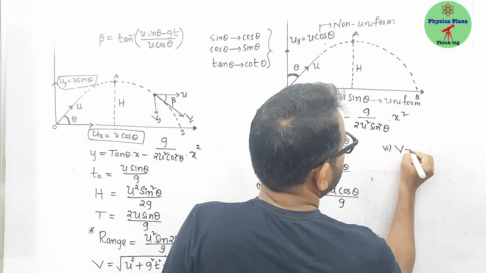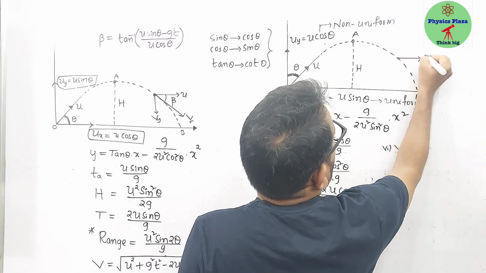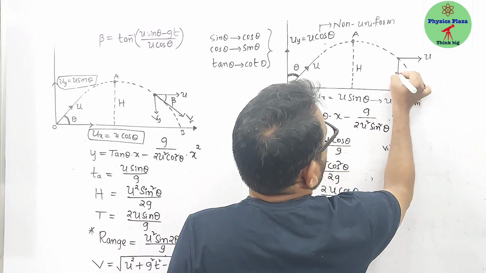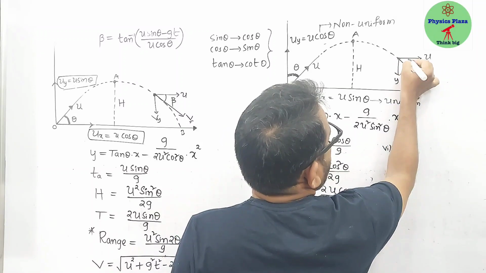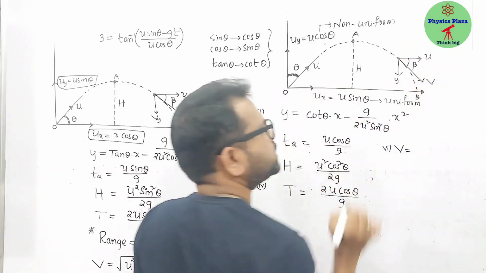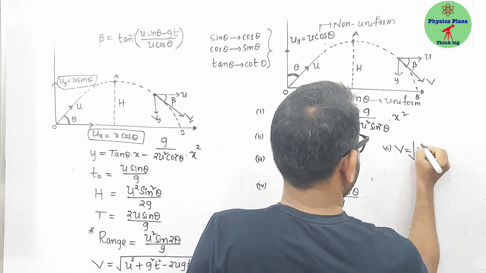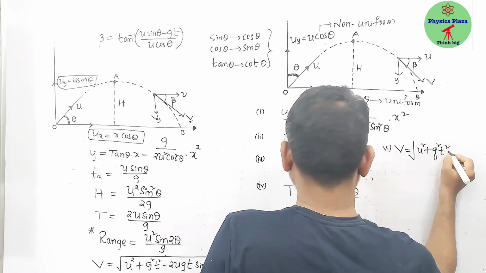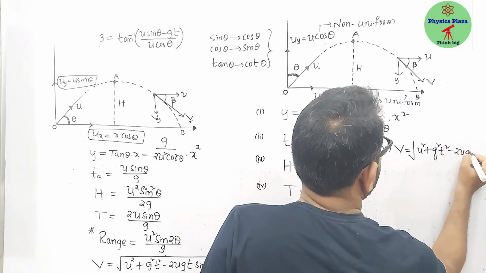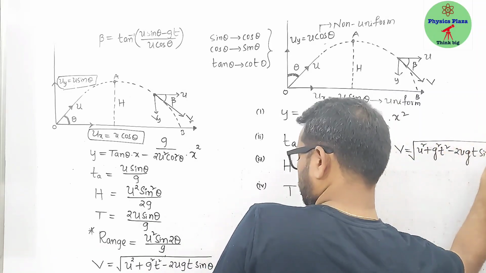Okay, instantaneous velocity at any point. Let us say it has a horizontal component and a vertical component, such that the instantaneous velocity makes an angle beta. So v is equal to the square root of u square plus g square t square minus 2u g t sin theta. In the place of cos theta, we will get sin theta.